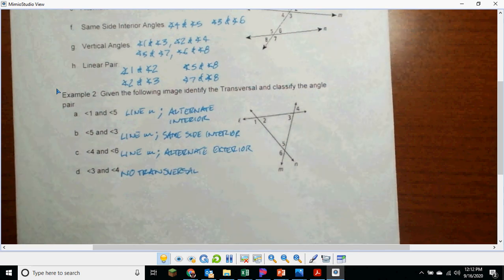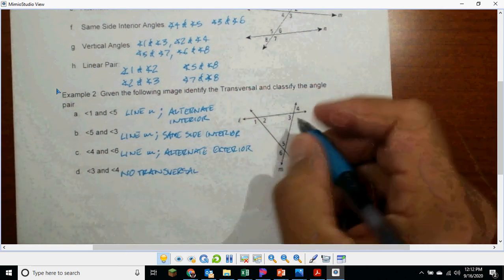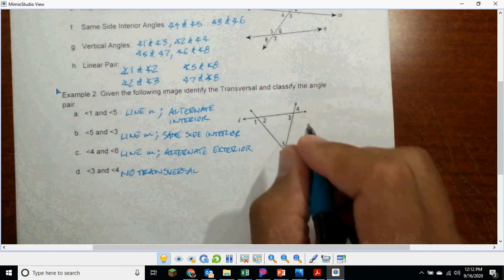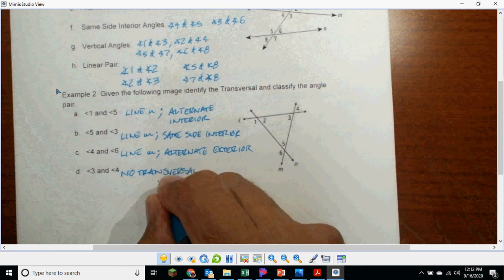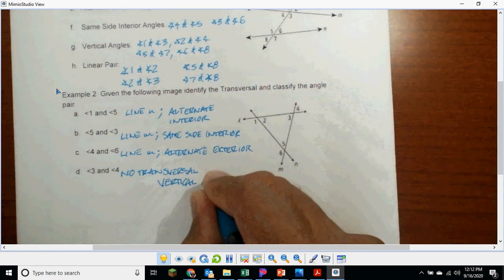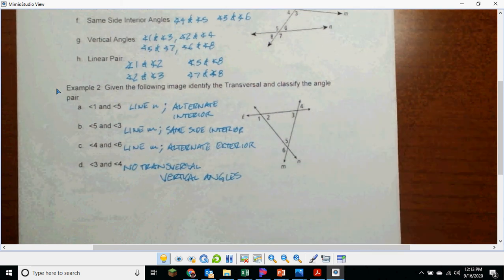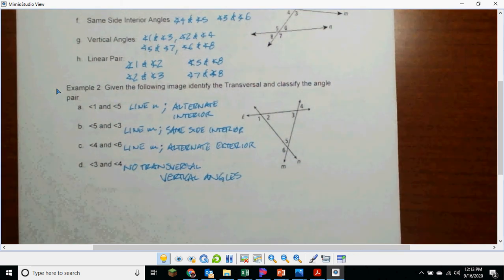There is no transversal in this case because I don't have one line cutting two other lines in order to make the transversal. So 3 and 4 happen at the same intersection. These are vertical angles. They are across from each other at a four-way stop. Vertical angles are congruent. All right, that's all of our notes for 2-2.